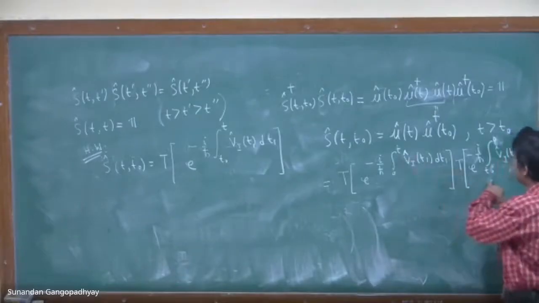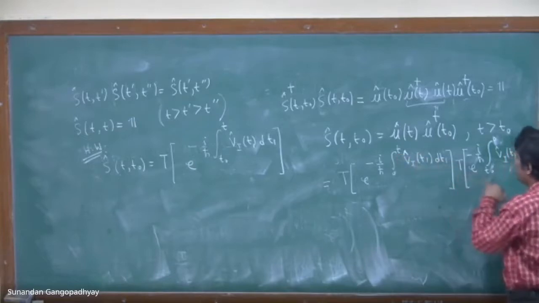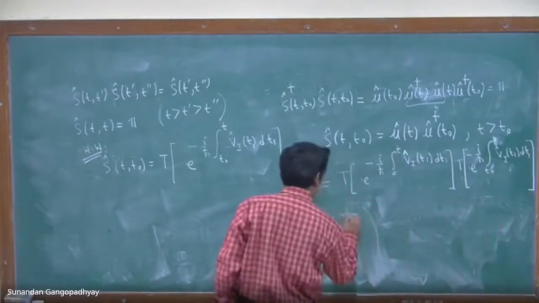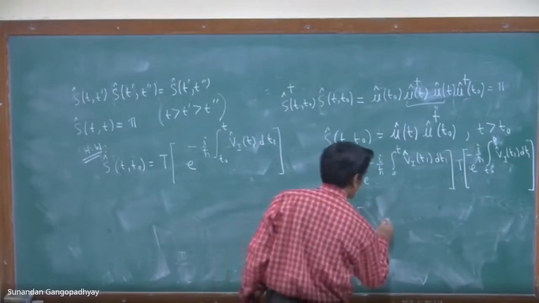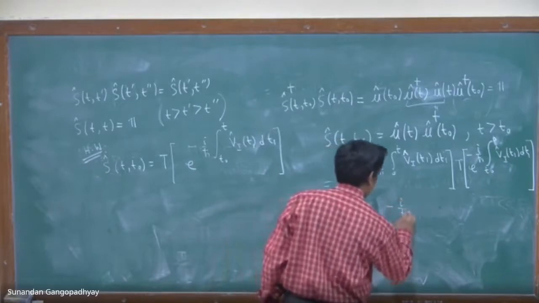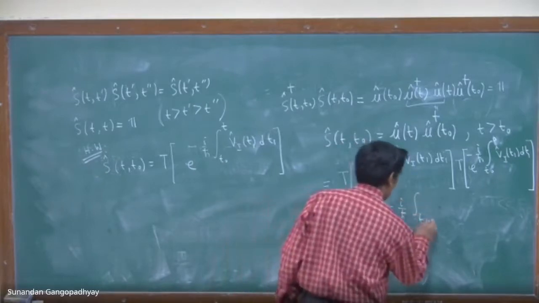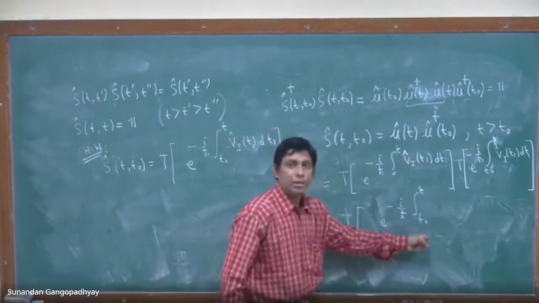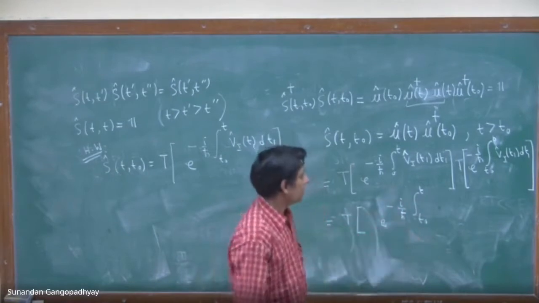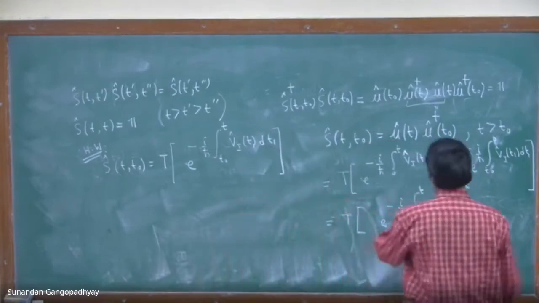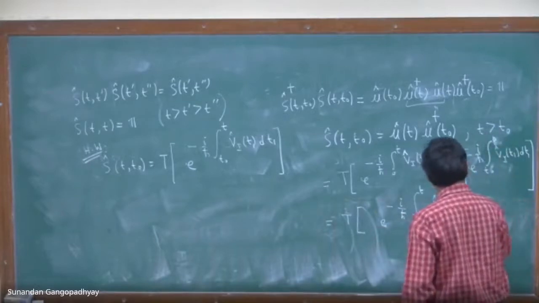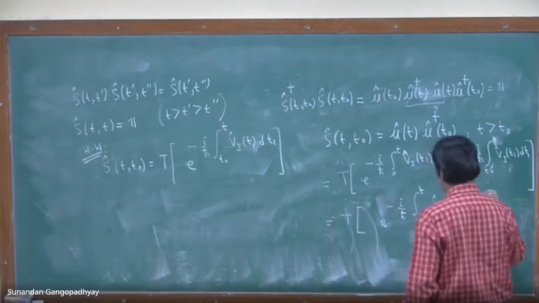Now since t is greater than t naught, therefore you can combine this expression as e to the power of minus i by h bar from t naught to t, because it is already time ordered. Because t is a later time than t naught. Therefore, you can combine this as minus i by h bar t naught to t V hat I t1 dt1, time ordered product, which is this.